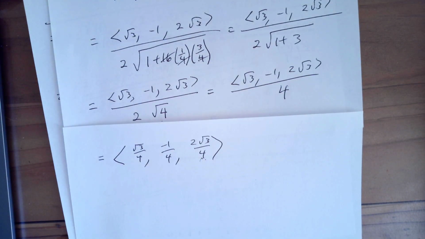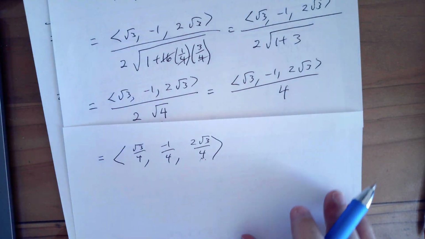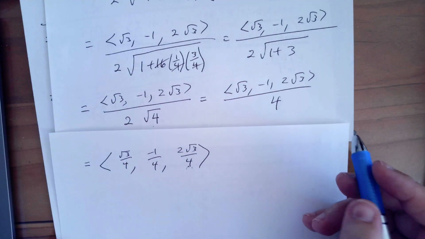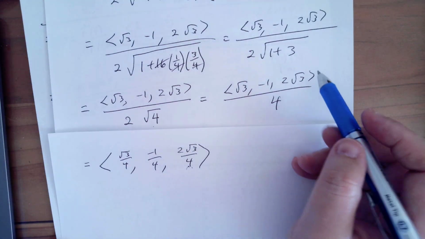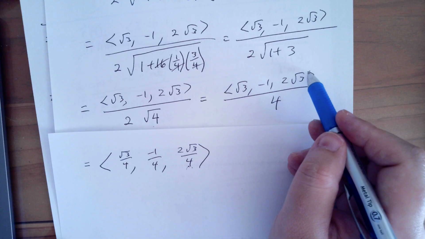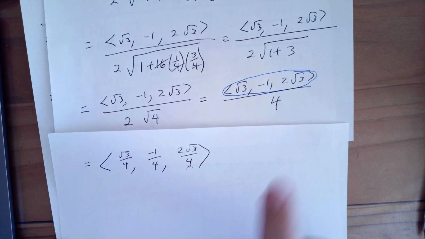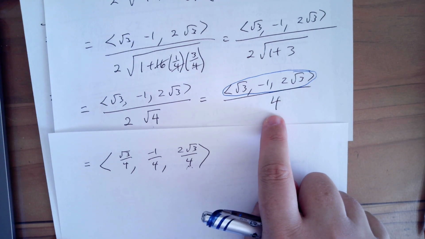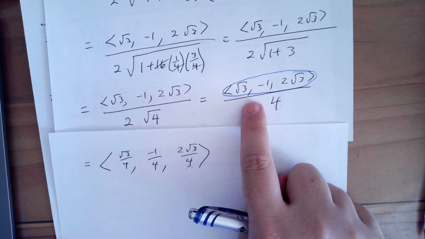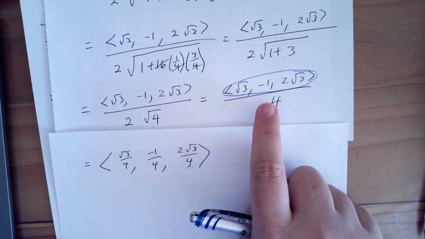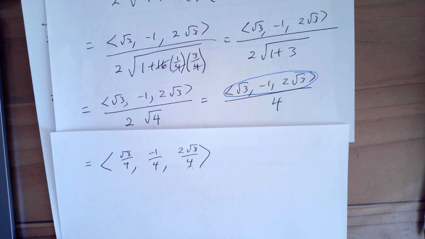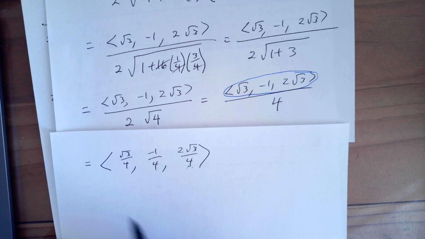But let's stop for now, because we could simply take these as your direction numbers, because we have this a quarter as being a scalar multiple of this. So again, if you remember when I was talking about how parametric equations are not unique, you could write the answer this way.